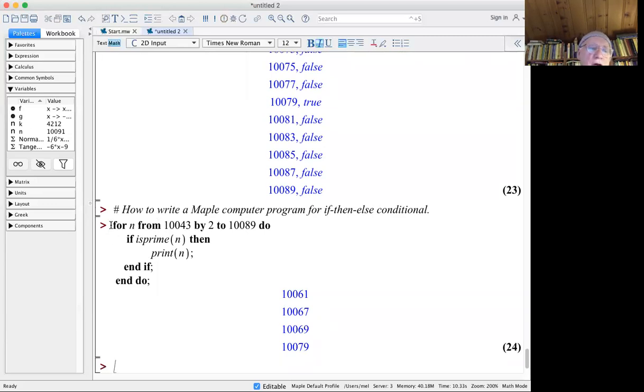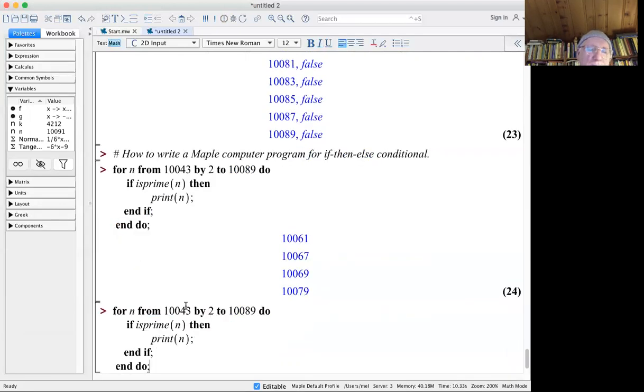Suppose I wanted to find the primes for a larger range. Maybe let's find all the primes from 100,000 to 101,000. Oops. This is a range of 1,000.